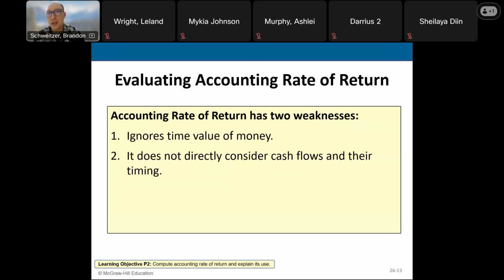Now, it's super easy to compute, as you just saw, which is great, but it ignores the time value of money, which means we're ignoring any type of interest, and it does not consider the cash flows or their timing, okay? It just expresses a simple percentage. It's a good tool, but it's not the only one that I would use when it comes to making an investment decision.